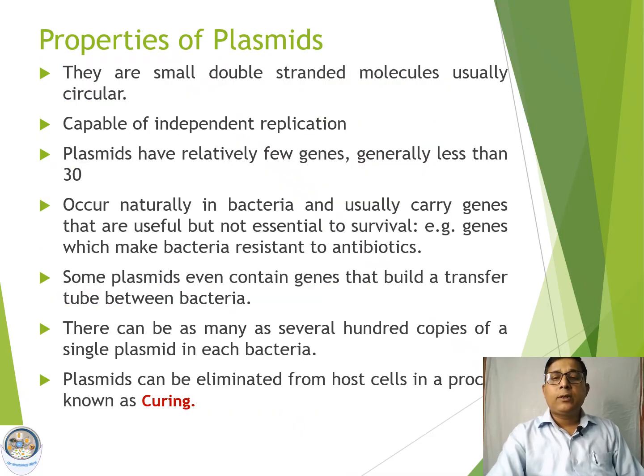Now, what are the properties of plasmids? As we have already discussed, they are small double-stranded DNA molecules, usually circular. They are capable of independent replication. Plasmids have relatively few genes, generally less than 30 genes.